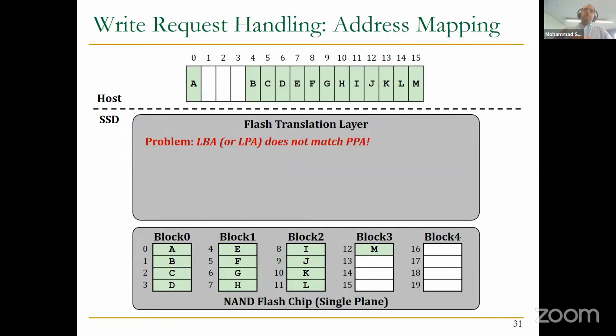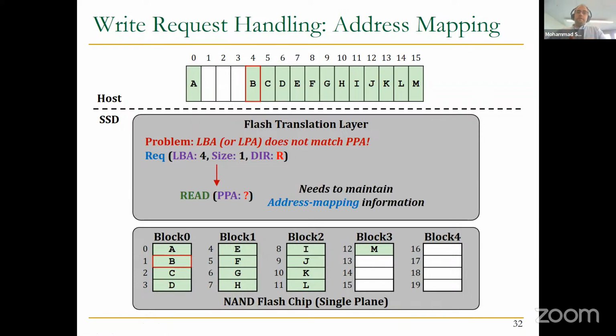Now the problem is that the logical block address does not match a physical page address, so we need to fix it. If we later receive a read operation for logical block address 4, we don't know where it is stored, that is, we don't know the physical page address.